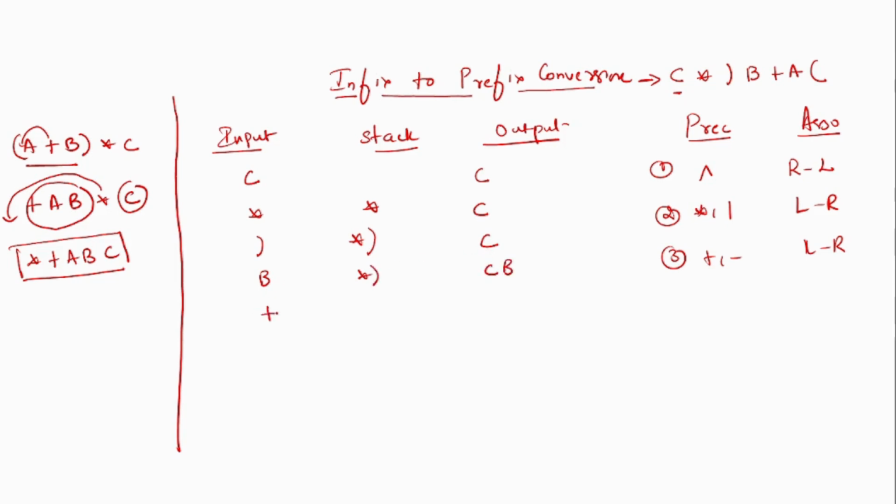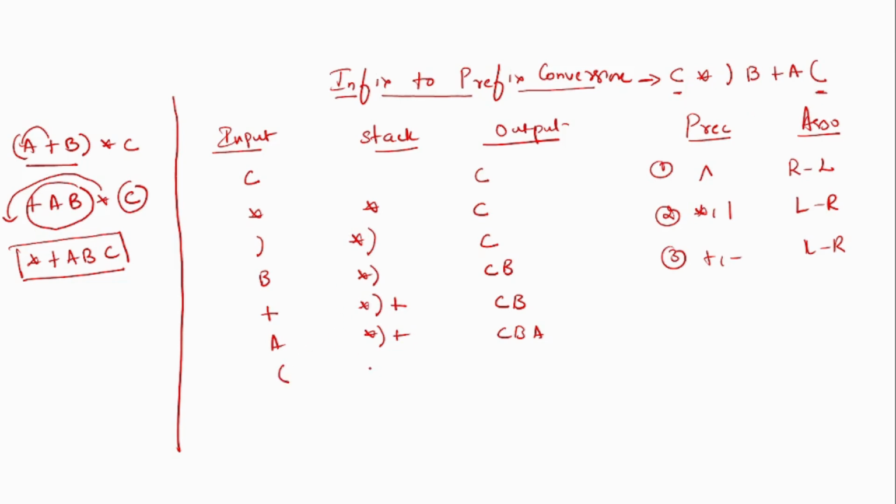Then comes plus. After the closing bracket, there is no operator. Therefore, I will say here star and then plus C B. Then comes here A, correct? A, I will say here star close plus C B A, correct? Then comes our open bracket, right?